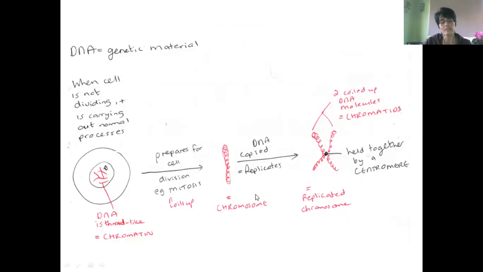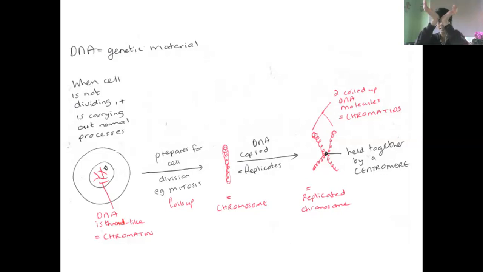Now when a cell divides, when we do the section on mitosis, you can't have one cell dividing into two and then fighting over the strand of DNA that's coiled up. So DNA replication takes place. That's when the DNA is copied. So it started off with one DNA molecule coiled up, and then it copies itself, and now you've got two DNA molecules coiled up, held together by a region called the centromere.